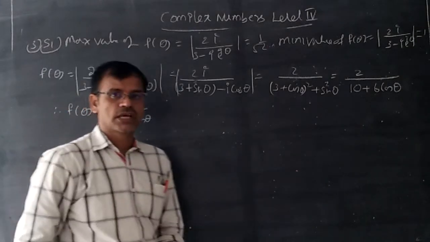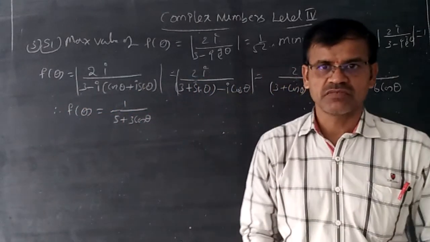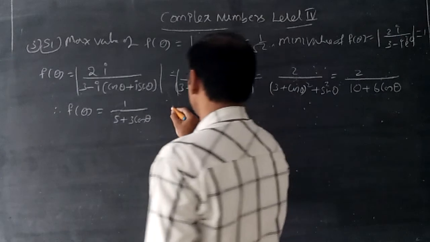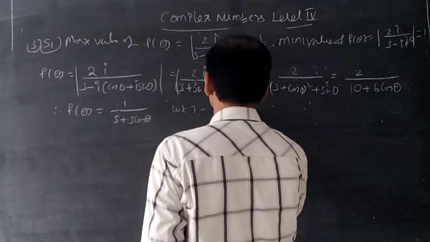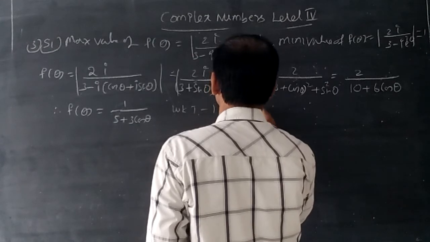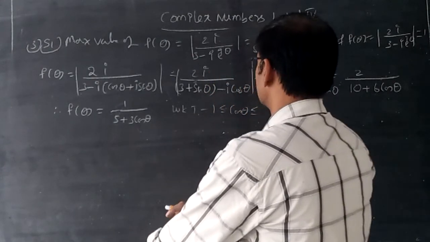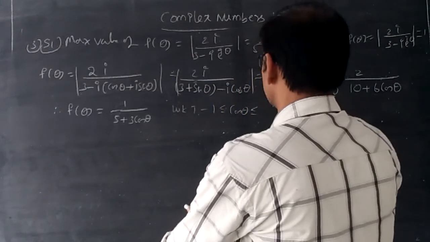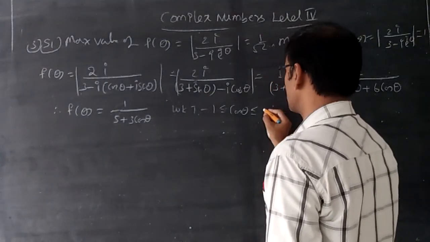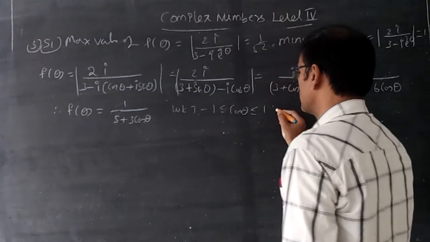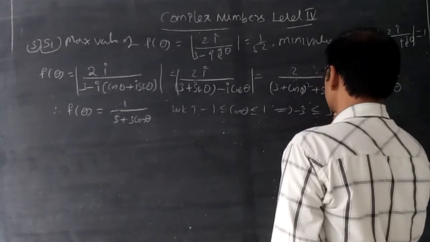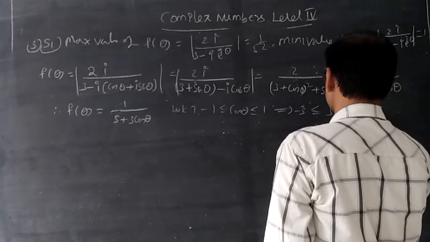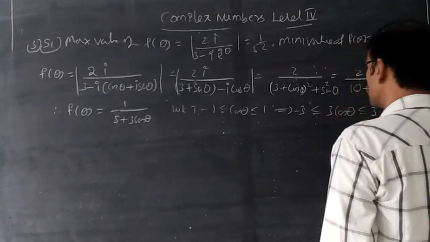Now, apply the concept of trigonometry extreme values. We know that minus 1 is less than or equal to cos theta, which is less than or equal to 1. Now multiply by 3 on both sides: minus 3 is less than or equal to 3 cos theta, less than or equal to 3.